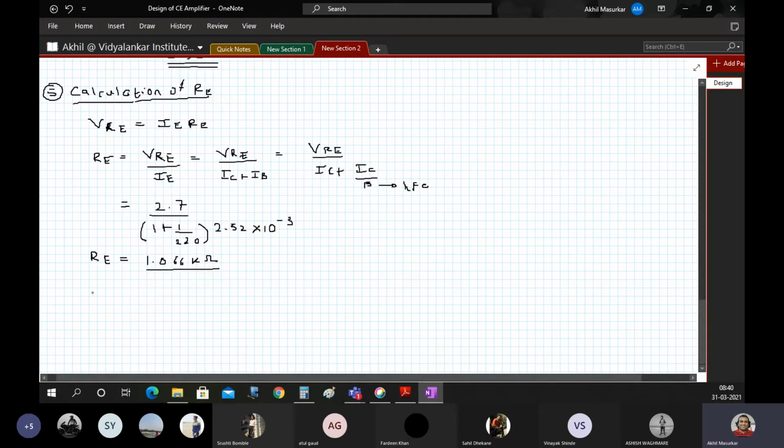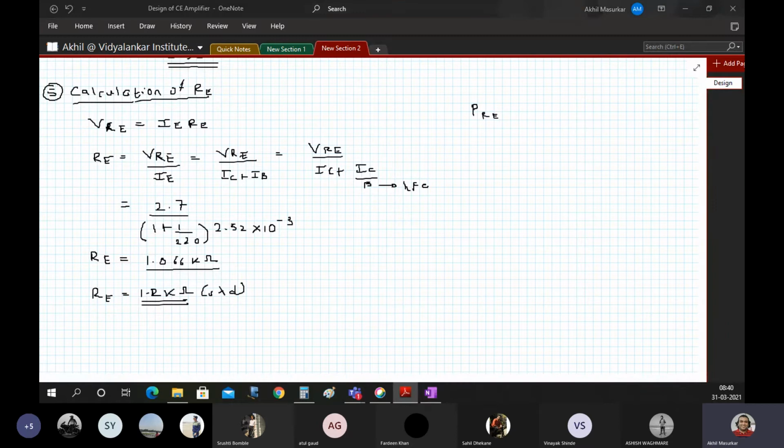But the standard value of RE is 1.2 kilo ohms. Standard. Now, to calculate power rating, we have to calculate PRE.